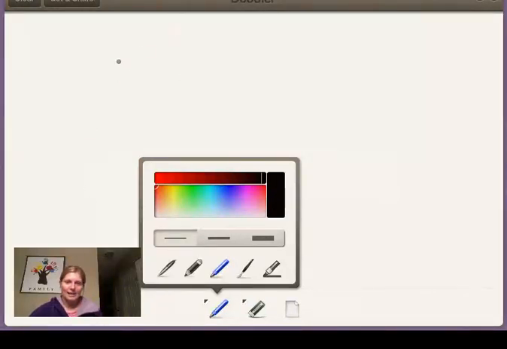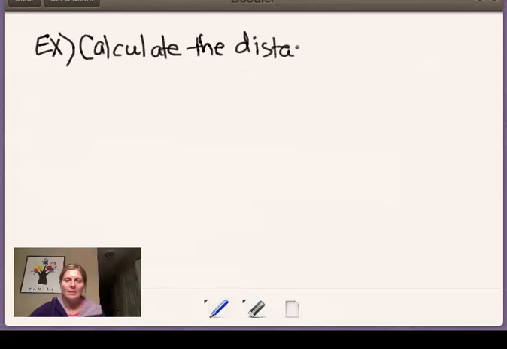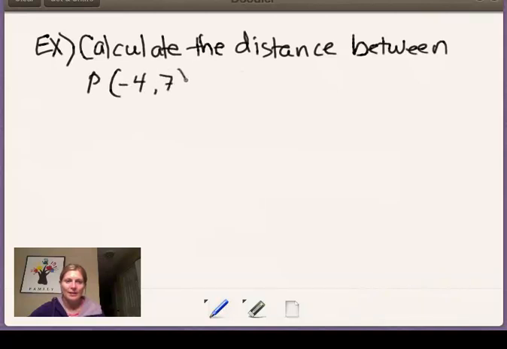Okay, so let's say that you're given the question that says, for example, calculate the distance between point P, which we're going to say is -4 and 7, and point Q, which we're going to say is -3 and 1.